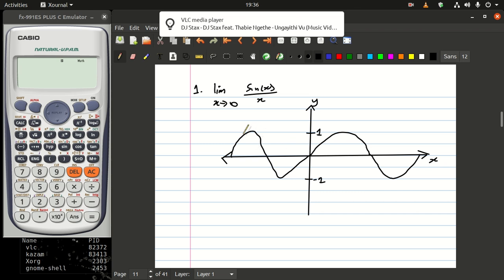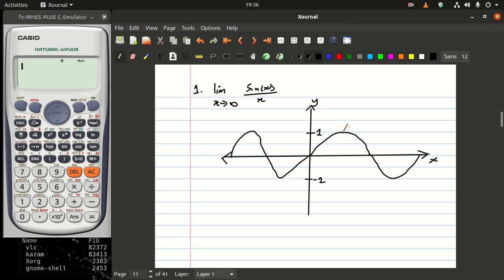What is important here is not all the values. I want to know when is this going to be 1? This is going to be pi over 2. When is it going to be negative 1? It's going to be negative pi over 2, somewhere here. And now I wanted to do something a little bit crazy here that goes like this. I will explain why I am doing this at a later stage.